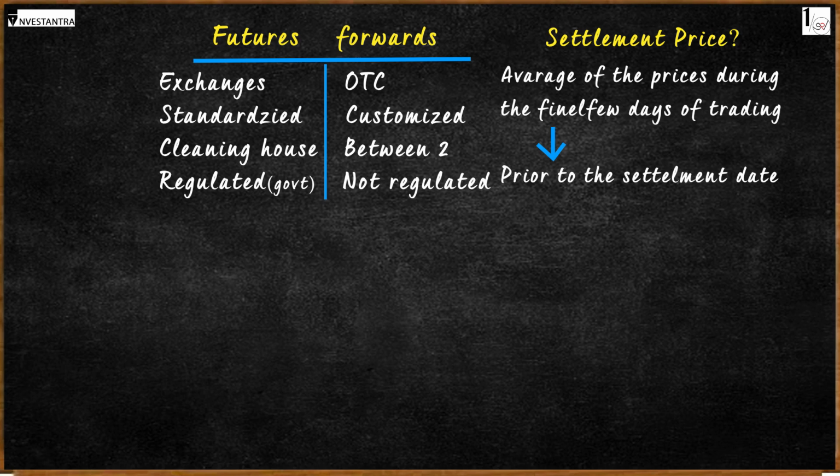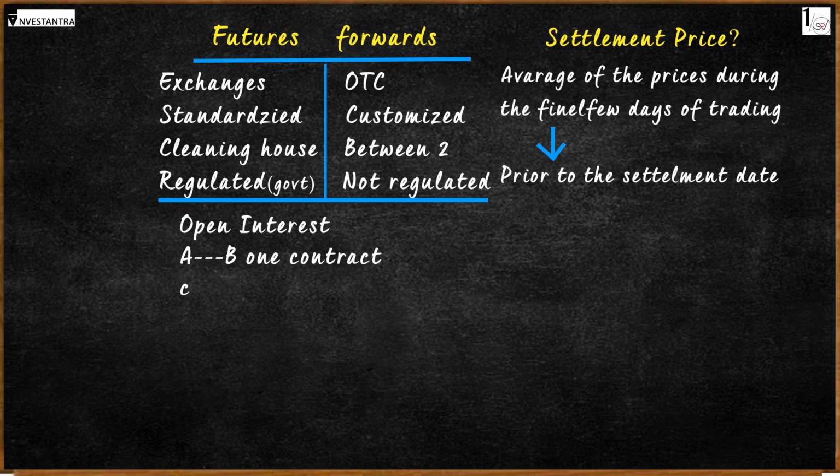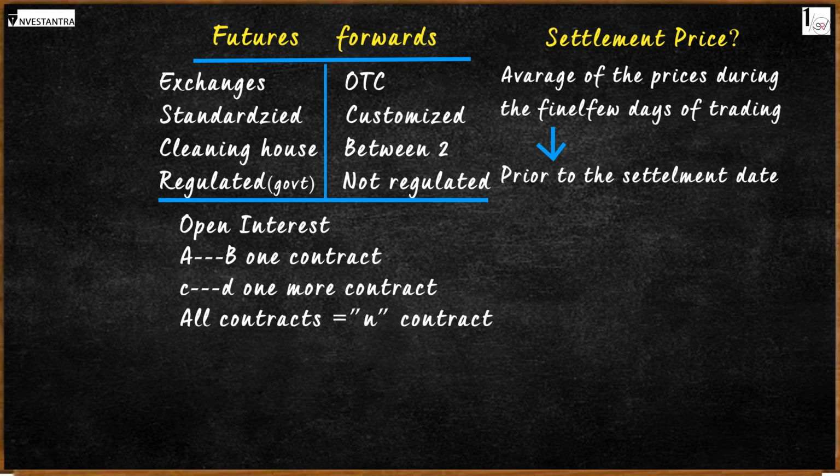Now, in the forwards and futures market, another important term is open interest. Open interest is very simply, see, whenever A and B get into a contract, right? Now, if I say C and D get into a contract, this is one more contract, correct? Now, if I keep adding these, the sum of all contracts is equal to N. That means there are N contracts, right?